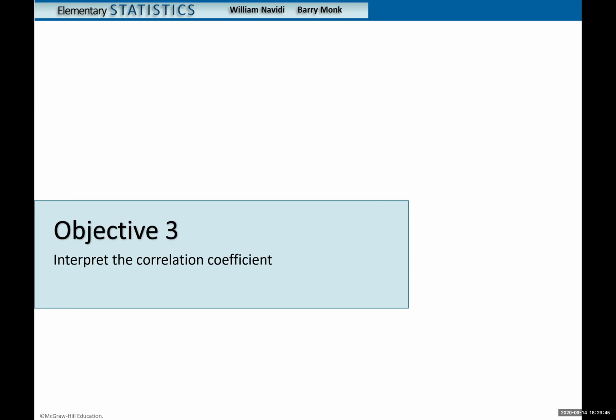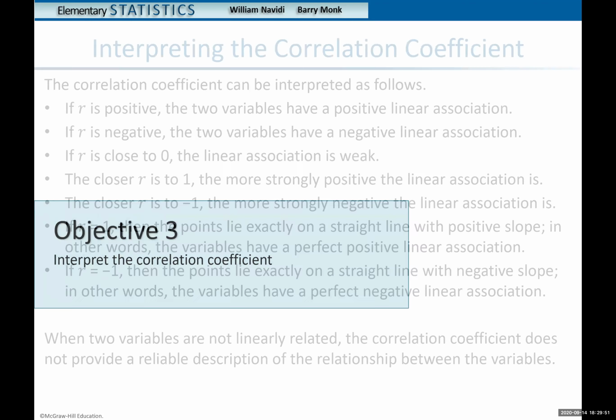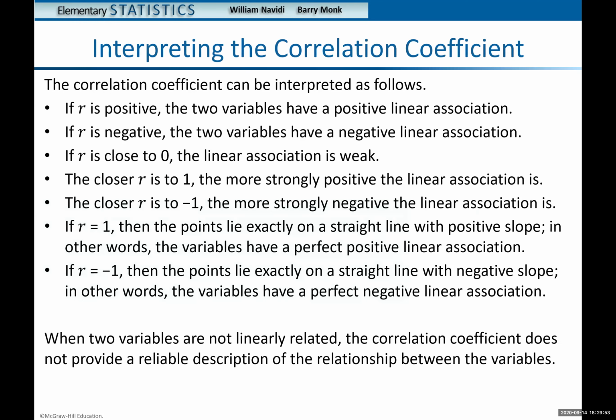Yeah, that's the plan. Okay, and the next one, interpret the correlation coefficient, your R. So how do you interpret our results? If you want to copy this, if R is positive, just like what we got from the last example, 0.901, the two variables have a positive linear association.